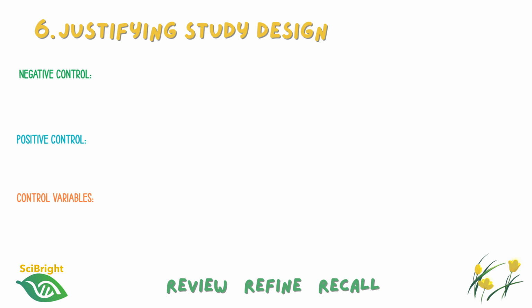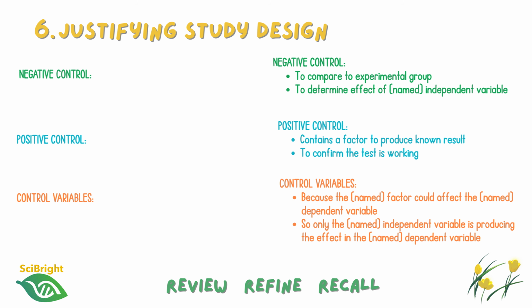Now, I'm going to get you to test your recall here and not show you the answers straight away. So pause the video and see if you can justify these important aspects of validity. Now let's check your wording carefully.